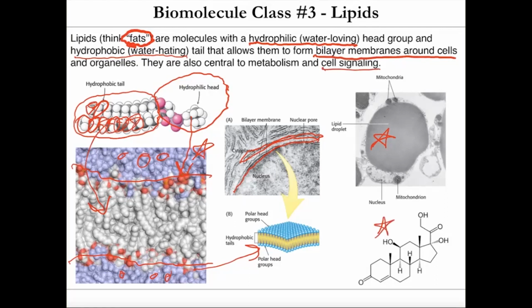So this molecule down here is actually a steroid molecule that's involved in different endocrine processes in your body. So these are also considered lipid molecules, even though they're a little bit different; they still have a hydrophilic region and a hydrophobic region. So the third class of biomolecules are lipids.